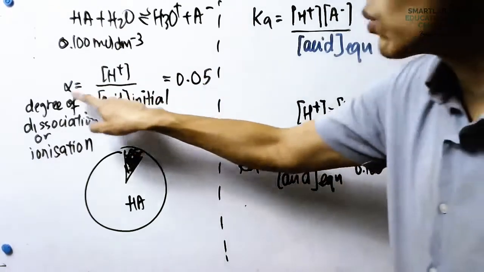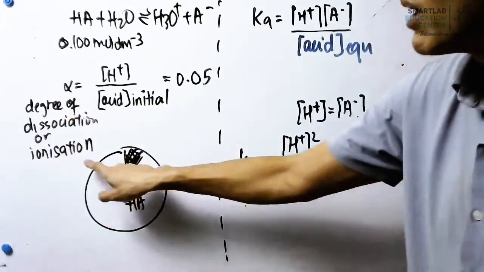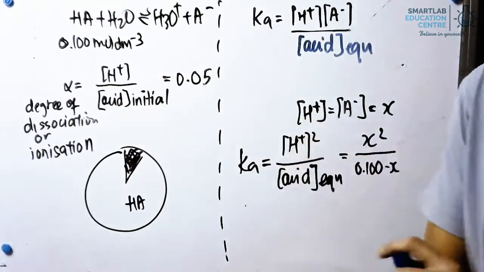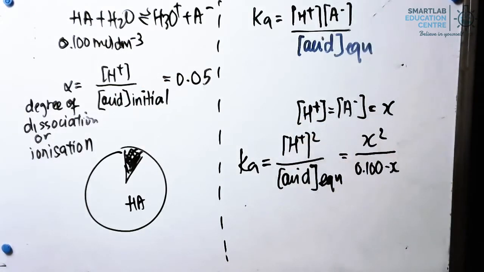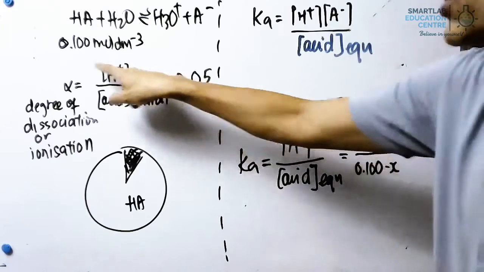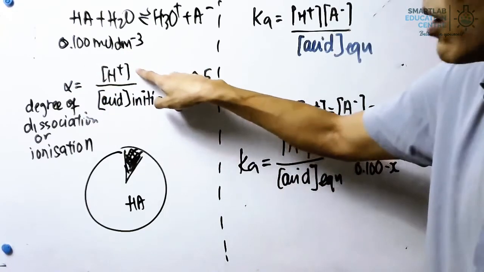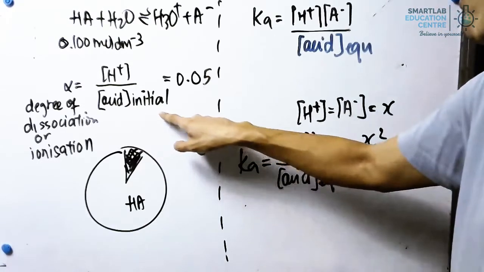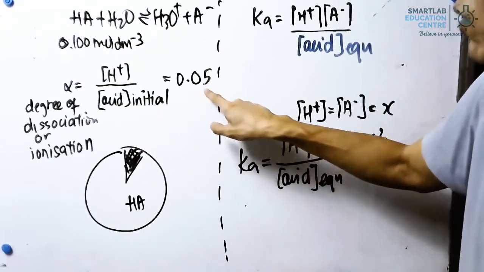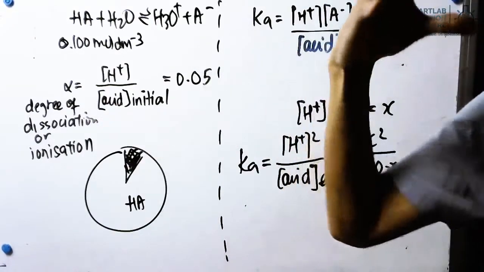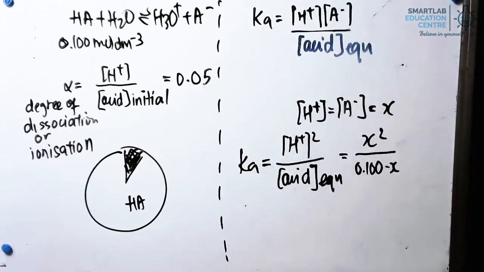Let's introduce one term. We can make use of the degree of dissociation or ionization, otherwise termed alpha, for us to find the concentration of H plus inside this weak acid, and thereafter to find the pH. Assuming that alpha is equal to 0.05, we can use this equation: concentration of H plus divided by the initial concentration of the acid is equal to 0.05, which means about 5% of the acid molecules will undergo dissociation.